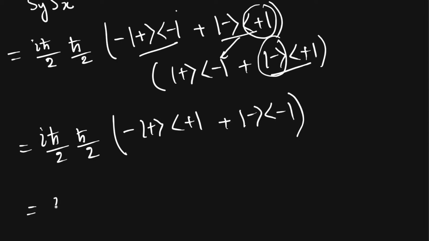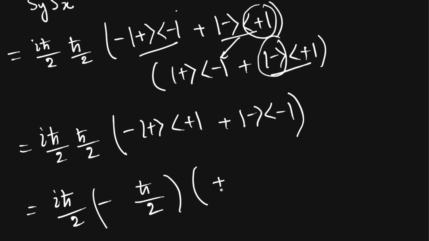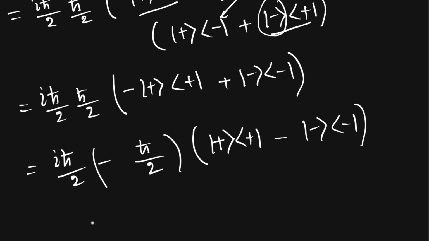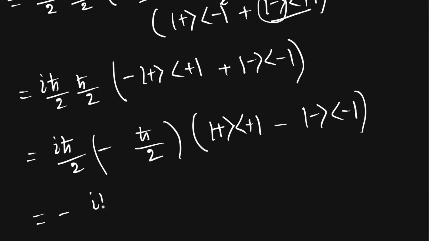Now if we take minus outside the bracket, it will be minus ħ/2 into |+⟩⟨+| minus |-⟩⟨-|, which is nothing but Sz, that means minus iħ/2 Sz.